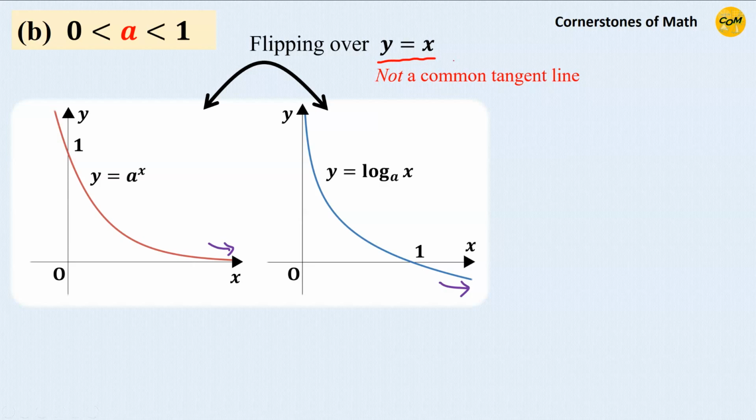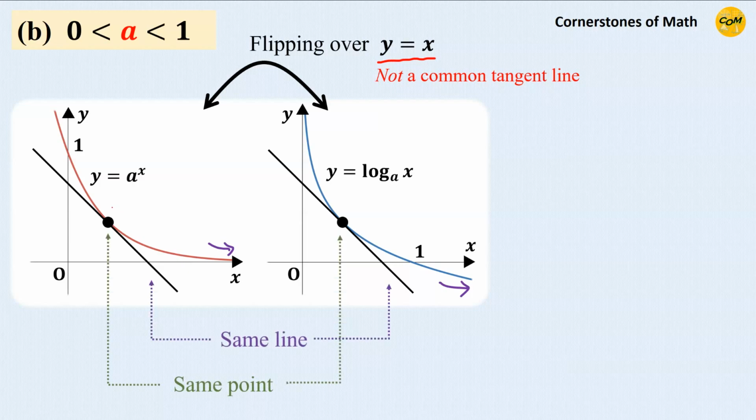Well, let's think about it this way. Suppose that these two tangent lines to the respective curves actually represent the single common tangent line, and these two points of tangency actually represent a single point of tangency on the common tangent line. This means that these two points are the same, and so are these two lines.